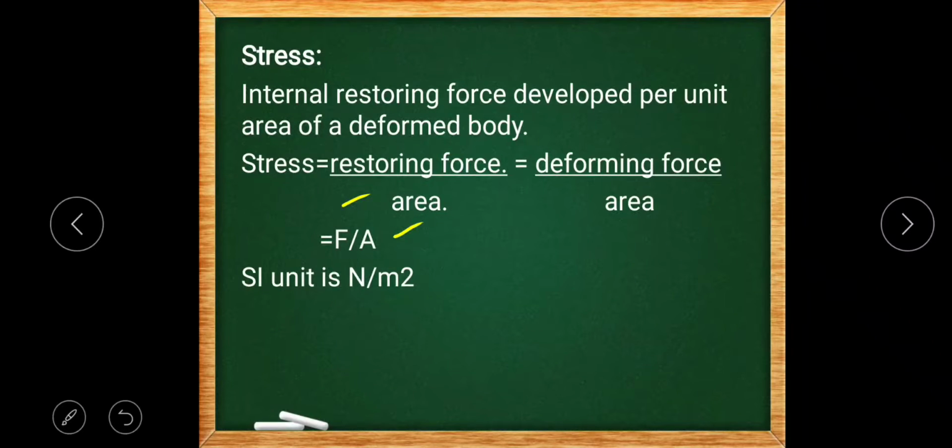The SI unit of stress is Newton per meter square. As you know, the SI unit of force is Newton and the SI unit of area is meter square. Hence, the SI unit of stress is Newton per meter square. Also, you may write the dimensional formula.